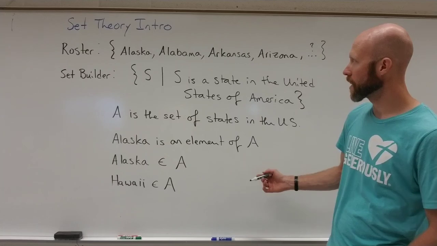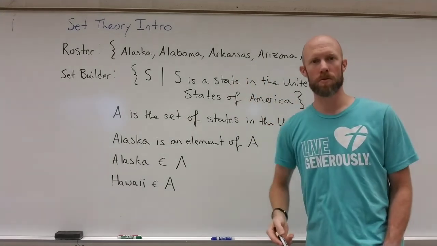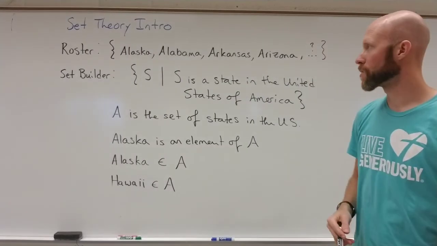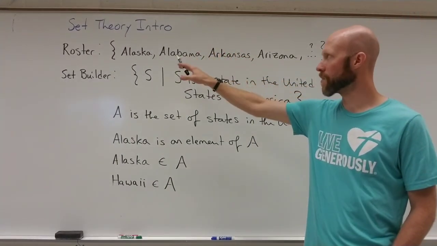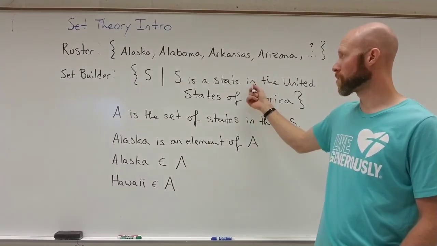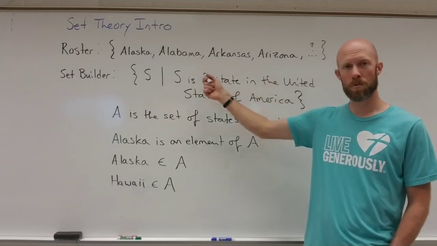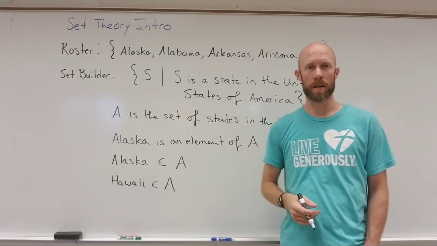So a set, again, can be listed in two different ways: roster notation or set builder notation. The roster notation lists every individual element of the set. The set builder notation lists a symbol followed by a description that is well defined for that set.